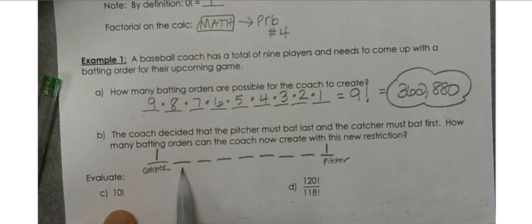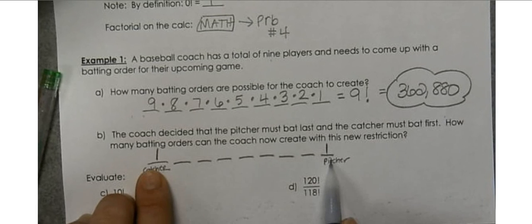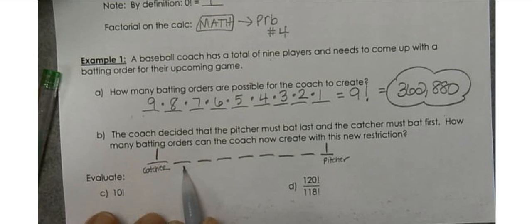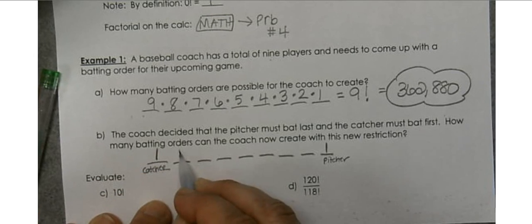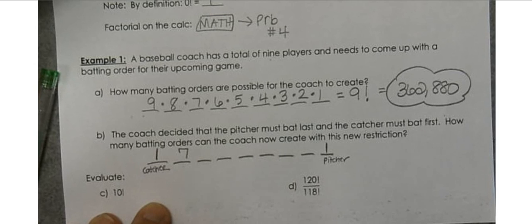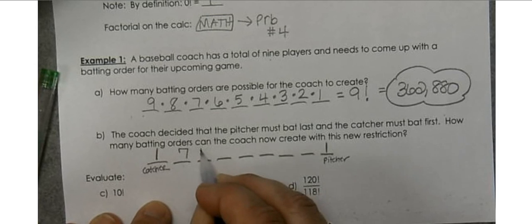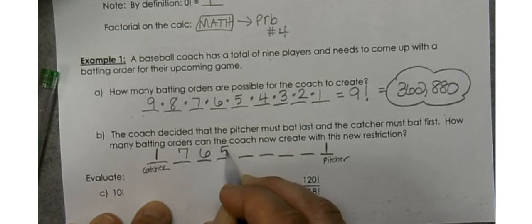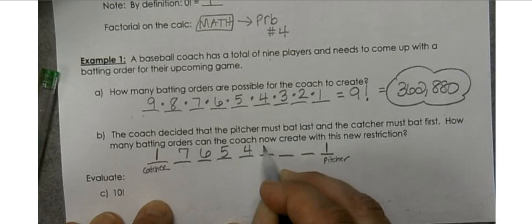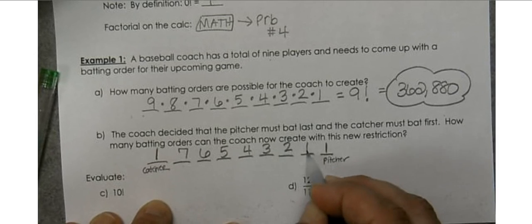So now that we've had 2 players that we've already assigned positions to, how many players are left to choose from for this position? Well, there are only 7. And now that you use that guy, there are only 6, etc. And now we can again multiply all the way down.